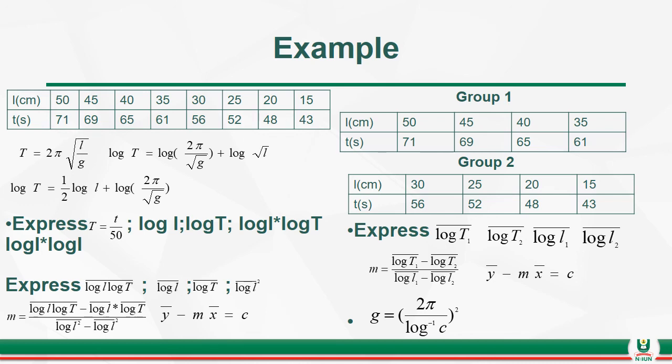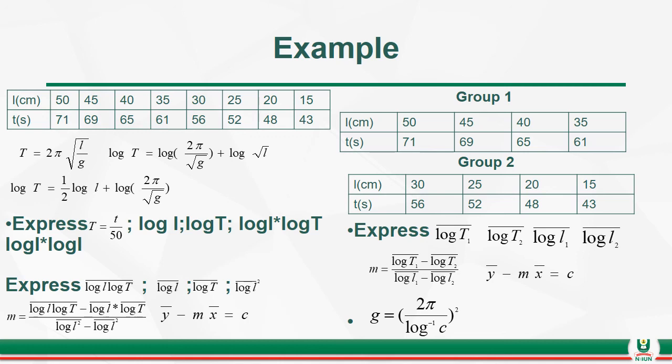Then we express log L, log T, log L times log T, and log L times log L. With this, we can calculate the gradient and calculate the intercept from the mean of y minus m times mean of x.